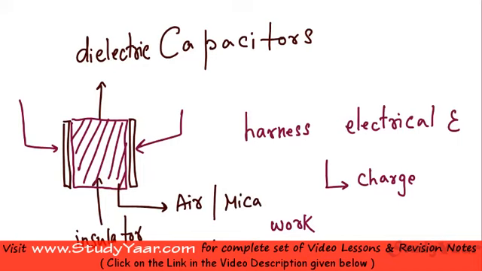Depending upon what we have as the dielectric, the capacitance of this capacitor is determined. So the capacitance of a capacitor is dependent on what we use as our dielectric.